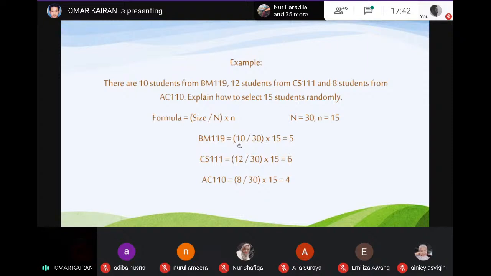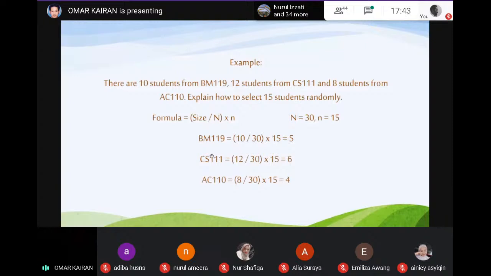So we have 10 divided by 30 times 15. Semua total up 30. Untuk BM119 dia hanya ada 10 orang. Daripada 30 orang ini, ini population kita. Tapi daripada 30 tu kita nak ambil separuh saja, 15 orang.